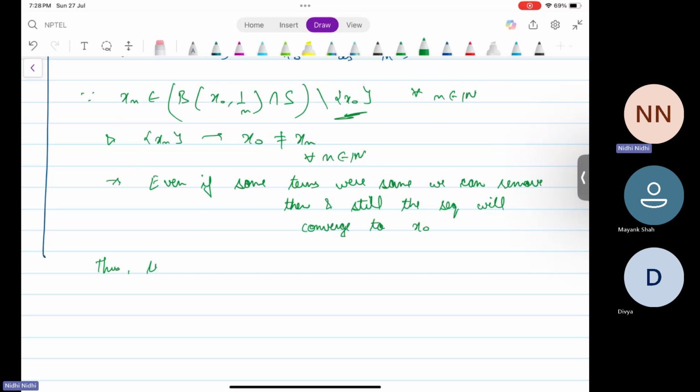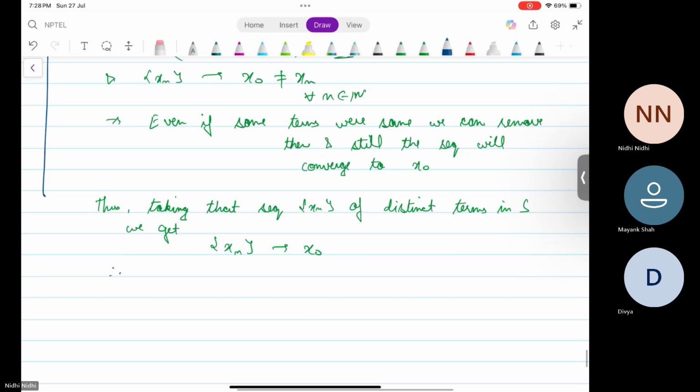Thus, taking that sequence xn of distinct terms in S, we get xn converges to x naught.